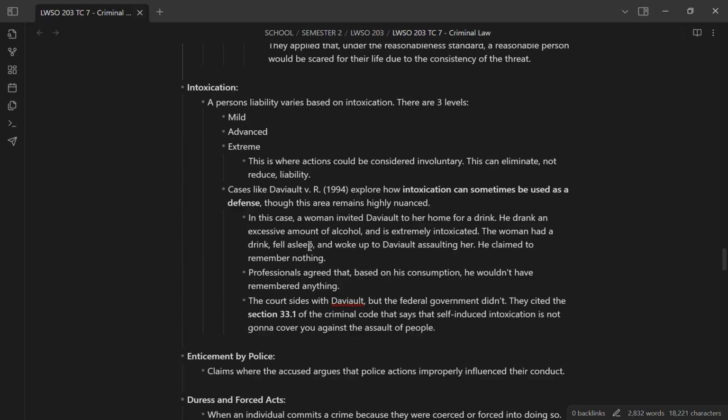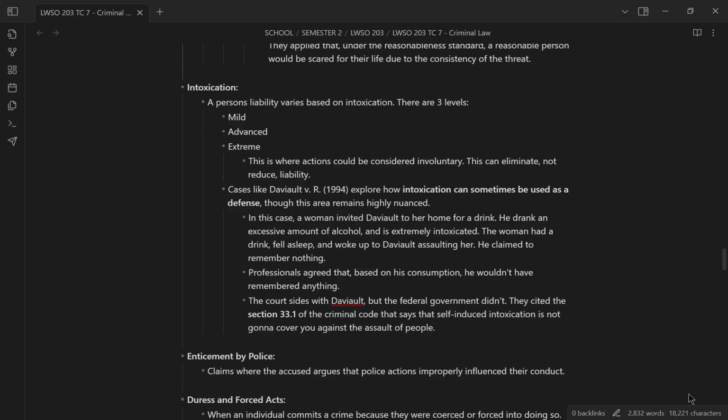Davielt versus R. This is a case exploring how intoxication can sometimes be used as a defense, though it remains highly nuanced, right? Just like we were saying, it kind of depends on the case. So in this case, Davielt and this woman went home together. They were drinking. Davielt drank a ton of alcohol.